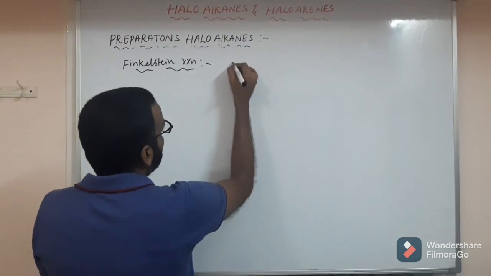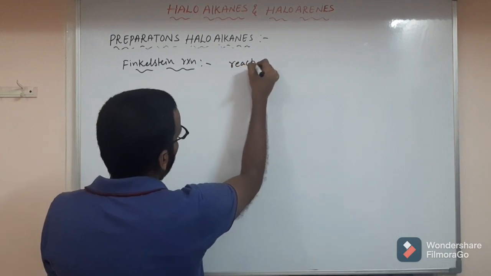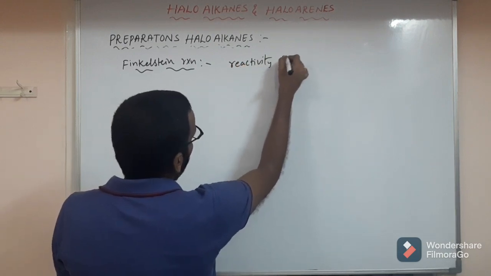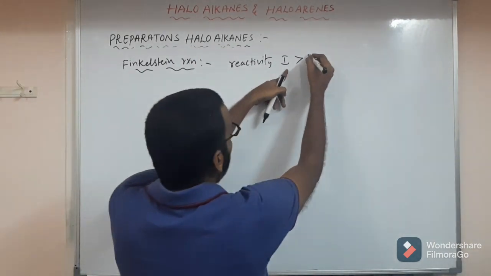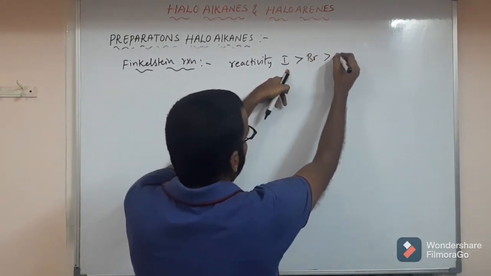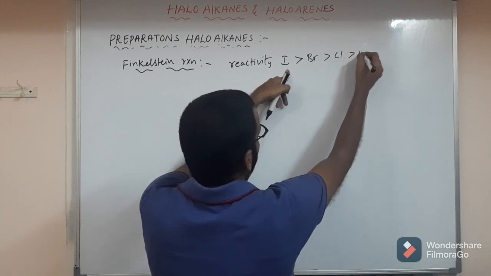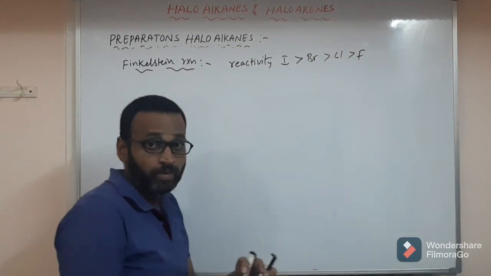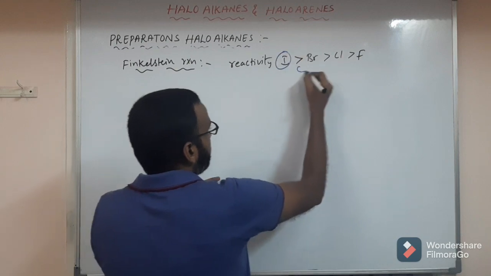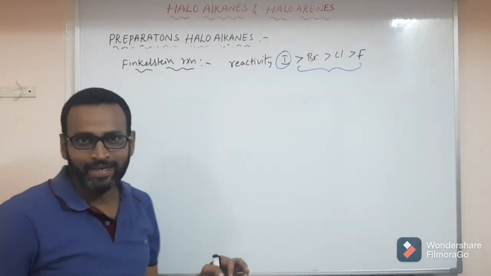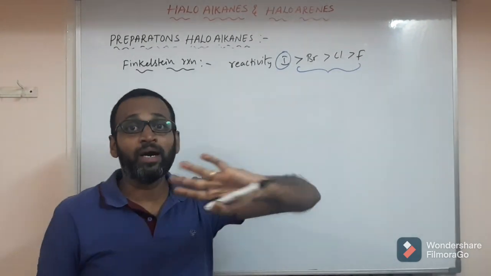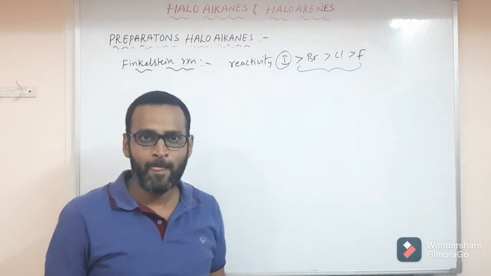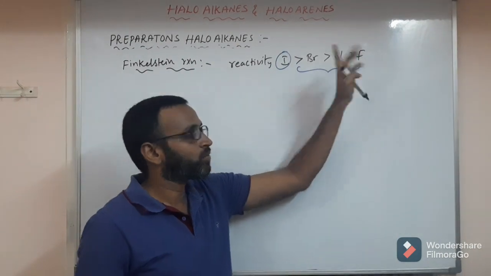So remember, for this the order of reactivity: iodine is the best replacer, next bromine, next chlorine, next fluorine. That means iodine can replace all these three from alkyl halide. Bromine can replace chlorine and fluorine from alkyl halide, and chlorine can replace only fluorine.